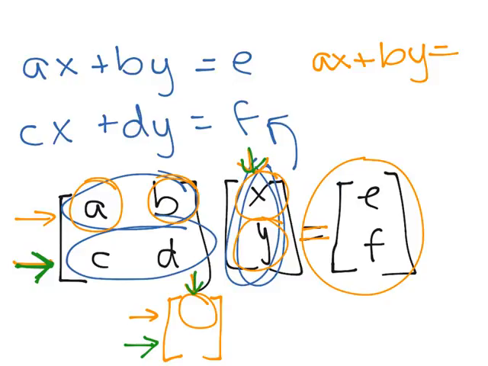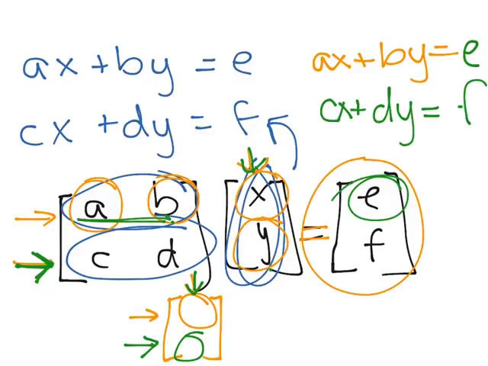So a times x plus b times y should be equal to this top portion, e, and same thing for the bottom: cx plus dy should be equal to f. We find out that this is exactly the same. So we're just rewriting our system of equations into matrices, not changing anything. We're not doing anything weird.